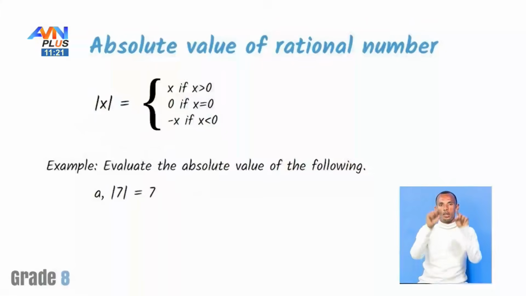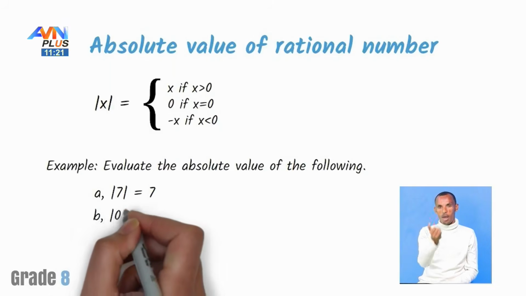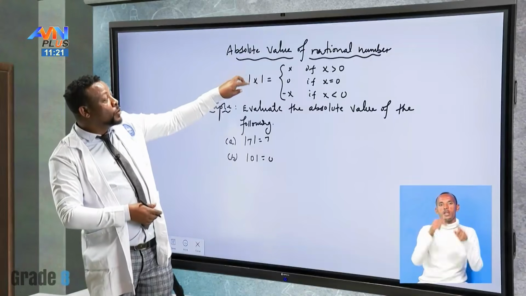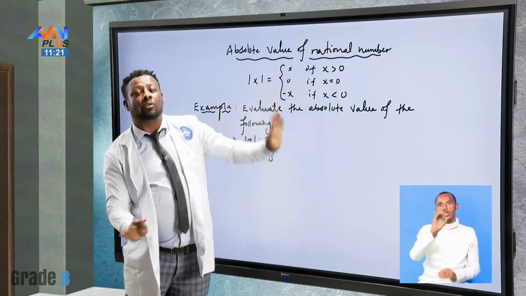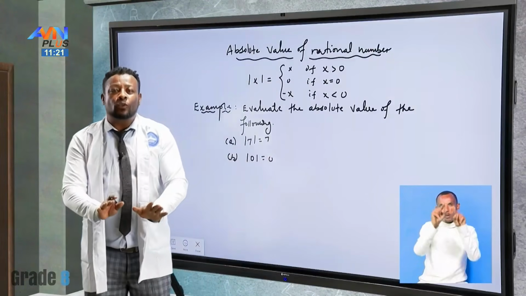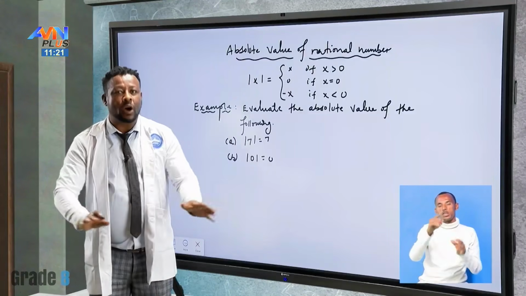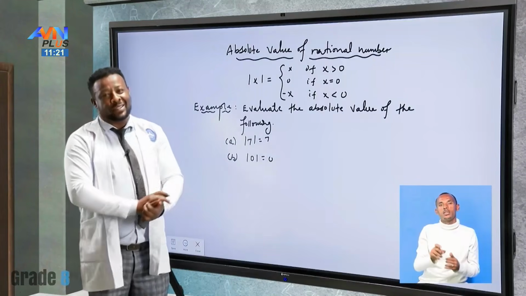Say, the absolute value of 0 is 0. Why? Based on the definition that we have here, the absolute value of x is 0 whenever that number is 0, right? The only number whose absolute value gives us 0 is 0 itself.